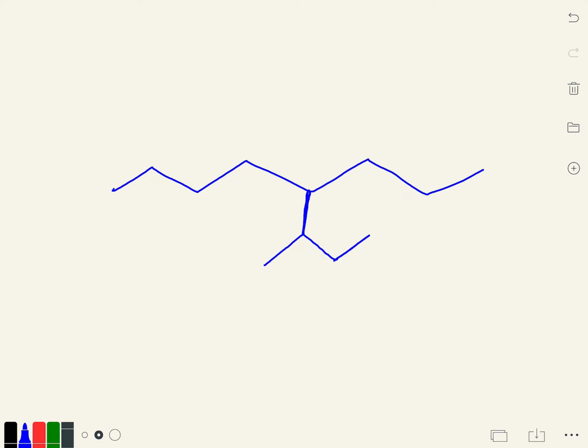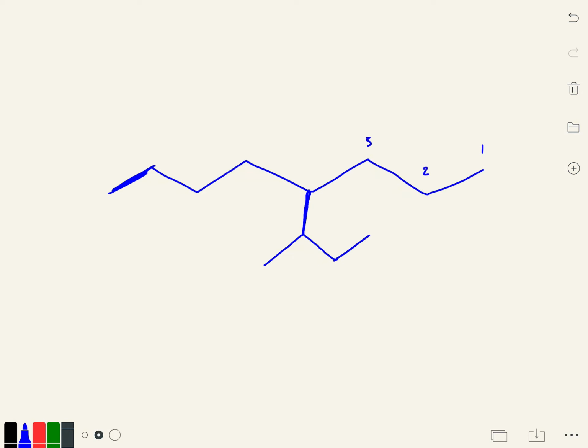So the first thing you would do is try to find the longest parent chain. I didn't make this one a tricky one, so we should be able just to look at the long chain here. So 1, 2, 3, 4, 5, 6, 7, 8, and I probably should have numbered it the other way. So we'll number it the other way.